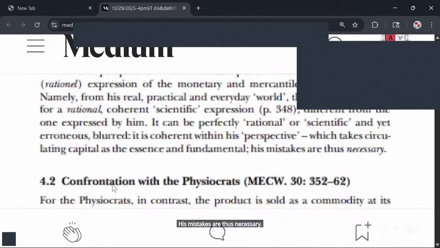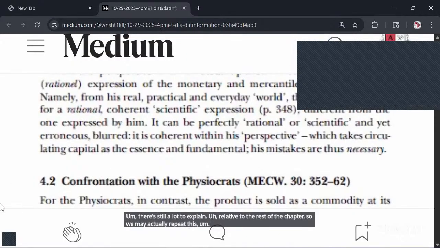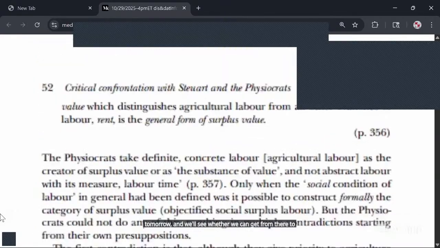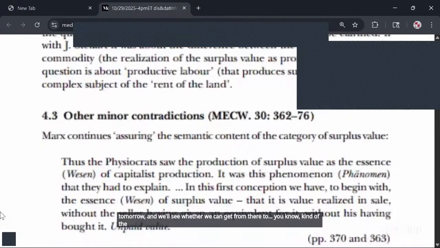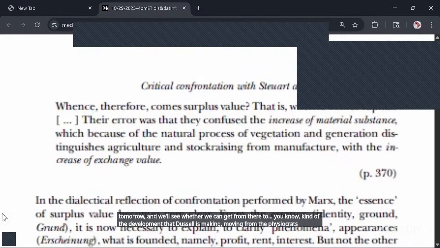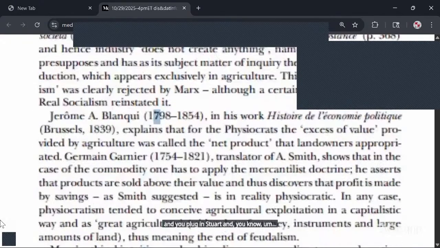Now, we may have to come back to this simply because there's still a lot to explain relative to the rest of the chapter. So we may actually repeat this tomorrow, and we'll see whether we can get from there to the development that Dussel is making, moving from the physiocrats, Smith, etc., and you plug in Stewart and those folks.